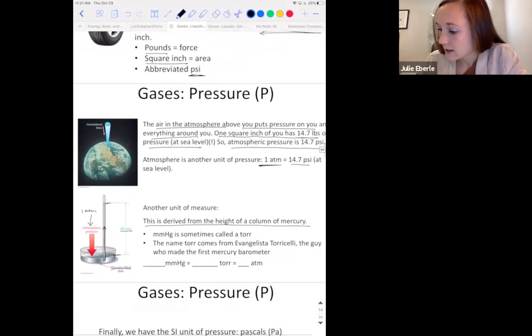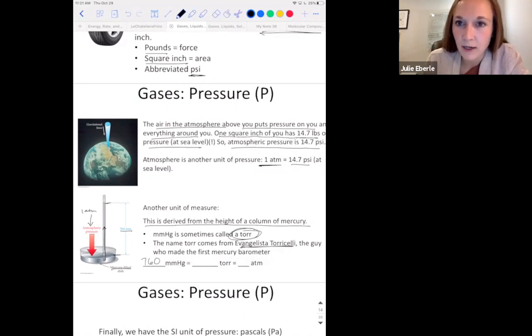So because of that, what we found out is that 760 millimeters of mercury. They also honor the guy who invented it. They call it a torr. I'm not going to make you memorize a torr, but they're equal. 1 millimeter of mercury is 1 torr, and 760 of them is equal to 1 atm.